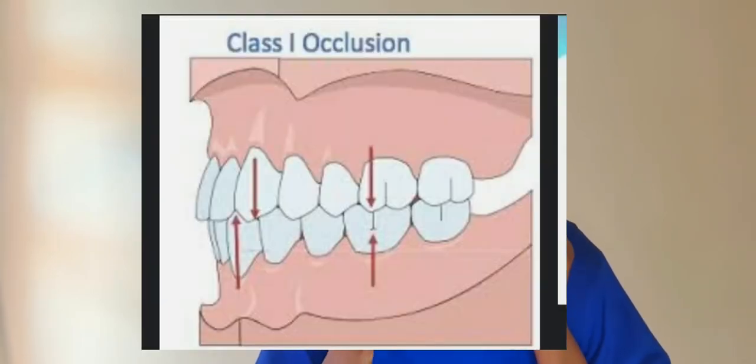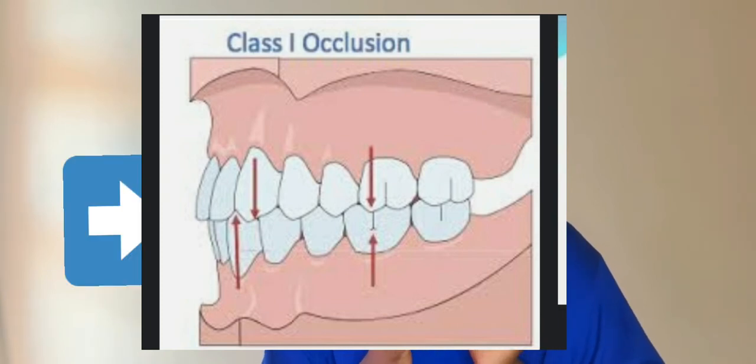That is then considered a class 1 occlusion. Anything that deviates from that basically is considered malocclusion. So basically, it is that relationship, as well as a 2 millimeter overjet.